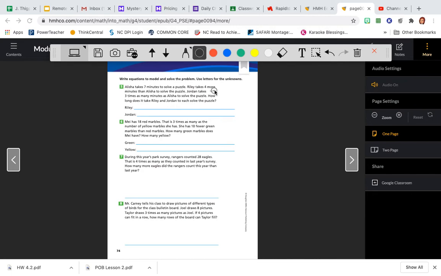So we see the word more. We see 3 times as many. And read this problem as many times as you need to. You're going to be writing an equation for Riley and Jordan. So complete 5 through 8 for me. Take a picture of it and send it in with your assignment, and I'll check for it. Make sure you take your time and you answer these questions carefully.